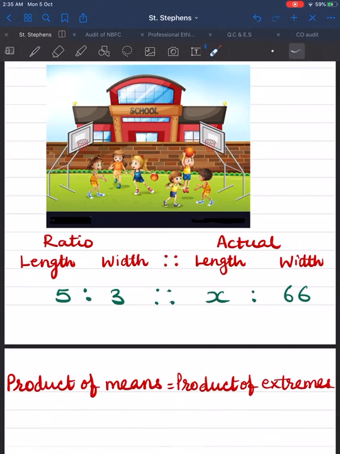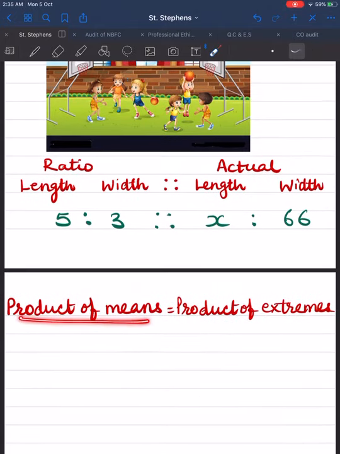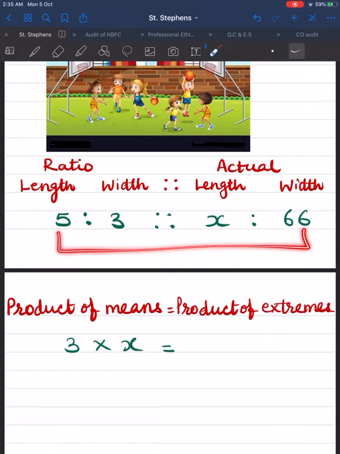So product of means is equal to product of extremes. For product of means, we will multiply second and third term. So it is 3 into x is equal to, for product of extremes, we will multiply first and fourth term. So it is 5 into 66.